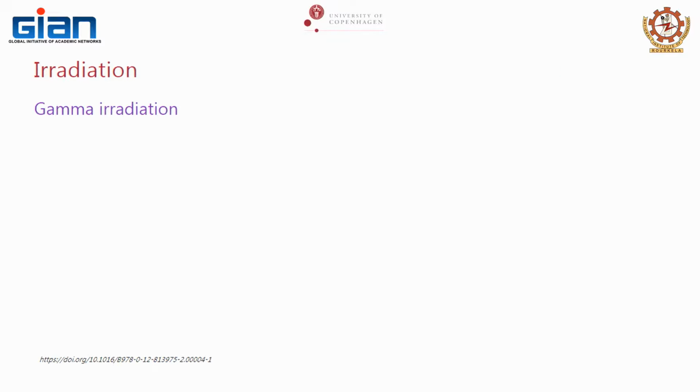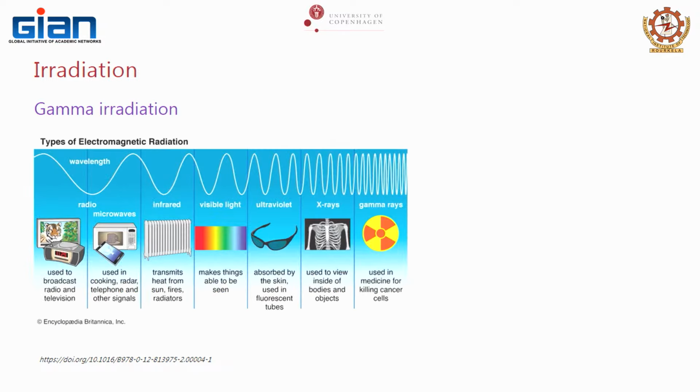Then I will go a little bit towards gamma irradiation. In this case, the physical treatment we are doing is with light or high energy radiations, right? Gamma irradiation. Have you heard about gamma irradiation? I am sure you know this figure, right? The figure talks about the wavelength. It also talks about the energy, right?